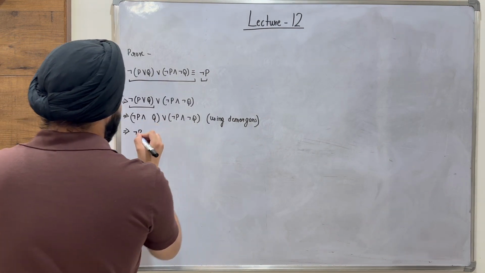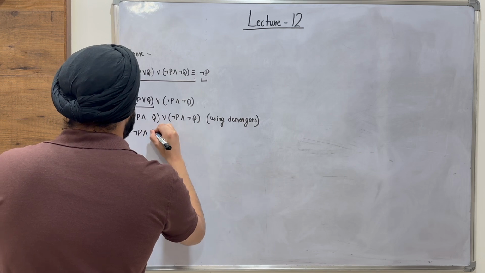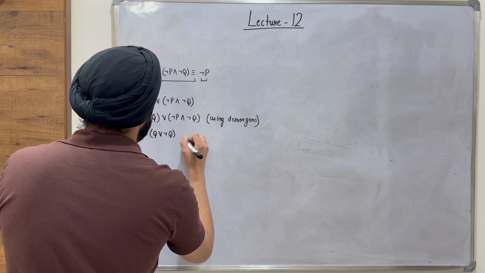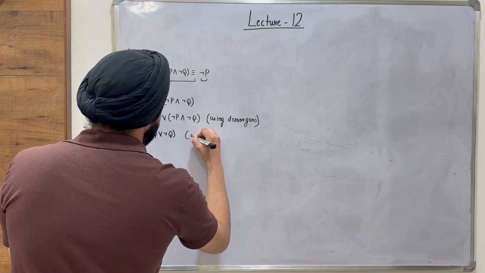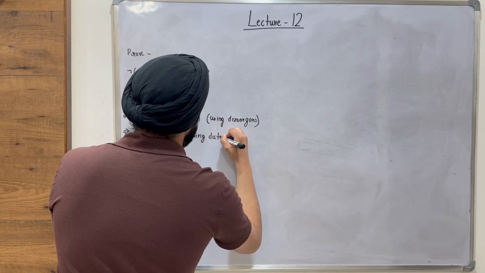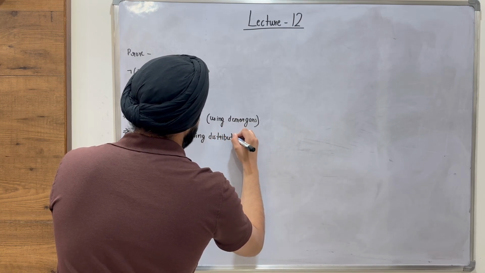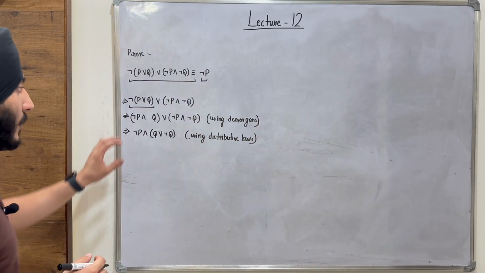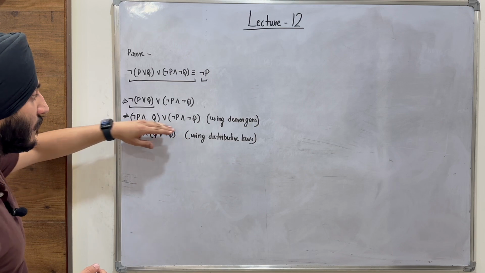And then I get negation of P and (Q or negation of Q) in this case, right? Using distributive laws, right? So what I did is I took this negation of P common.